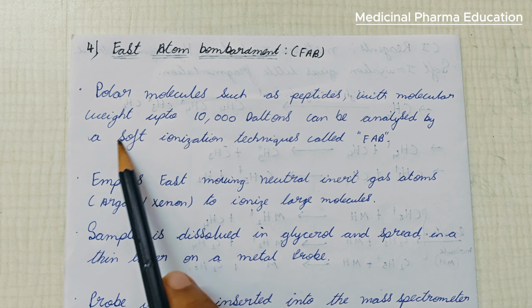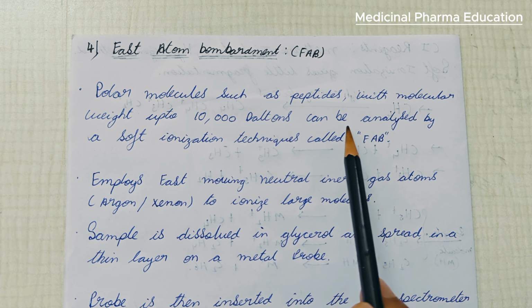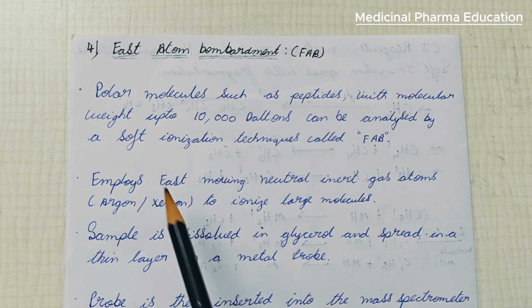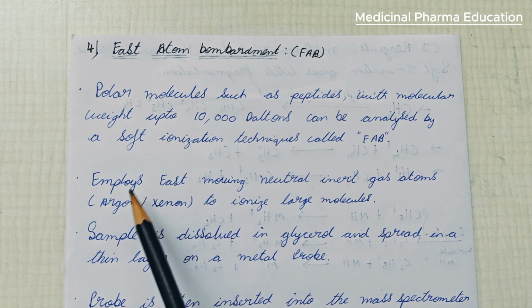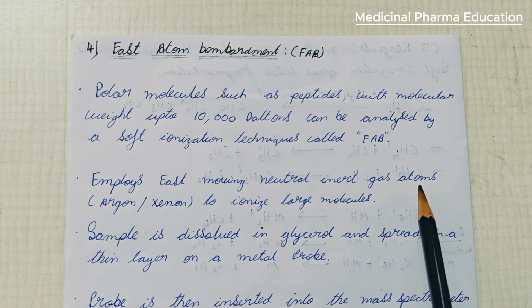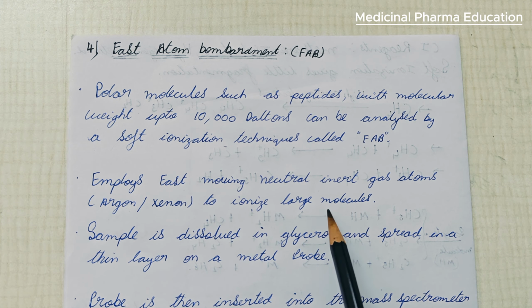Polar molecules such as peptides with molecular weight up to 10,000 daltons can be analyzed by a soft ionization technique called FAB. FAB means fast atom bombardment. It employs fast moving neutral inert gas atoms like argon and xenon to analyze the large molecule.